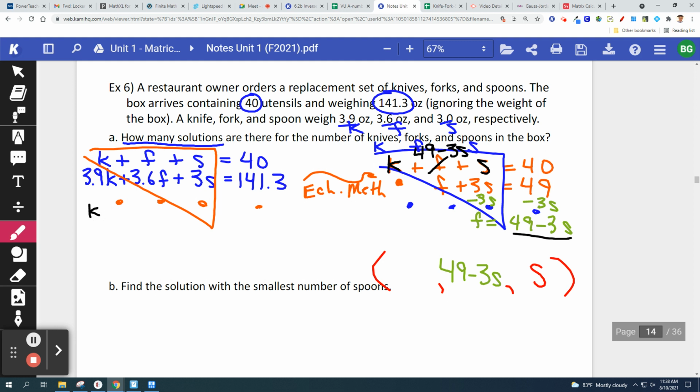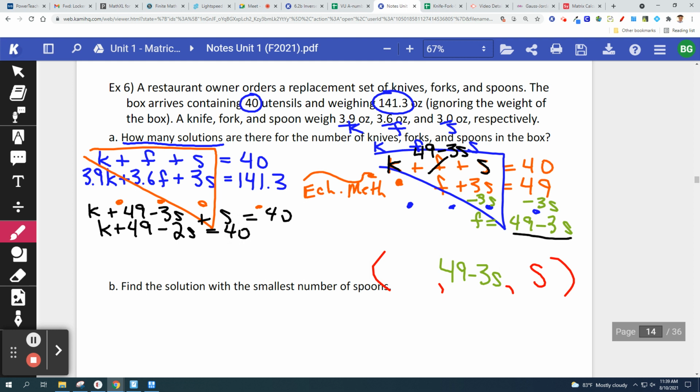That equation would say K plus 49 minus 3S plus S equals 40. I know that's super complicated looking. I can combine some like terms. K plus 49 minus 2S equals 40.